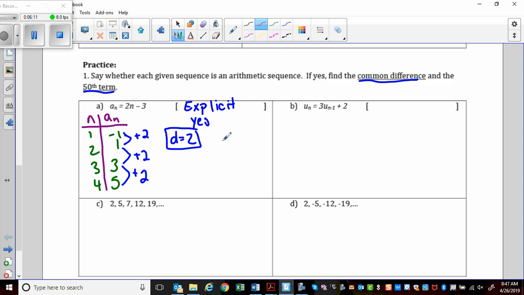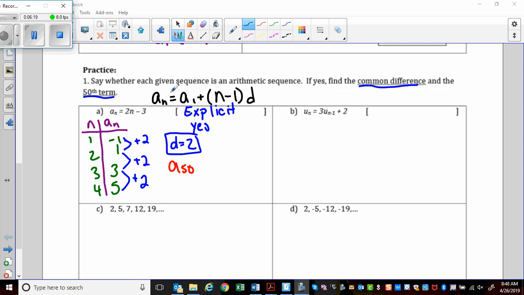All right, and they say find a sub 50. Well, we have a formula for this. I just wrote it right here. A sub n, but they want the 50th term.